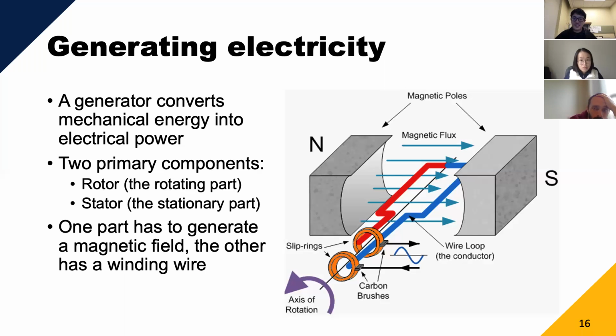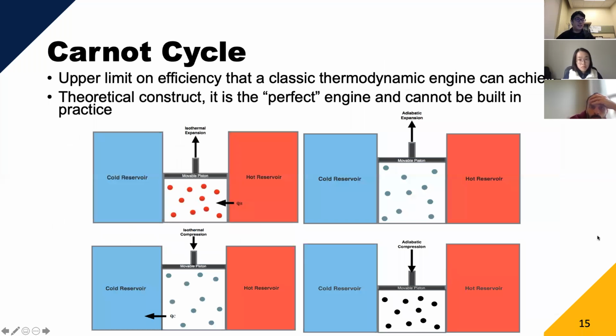Oh, okay. Yes. What does adiabatic mean? Let me go back here. Okay, so adiabatic. This is where heat doesn't enter or leave the system that you're looking at. So this is kind of a really idealized system, right?